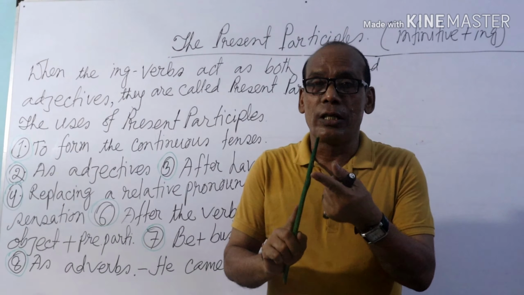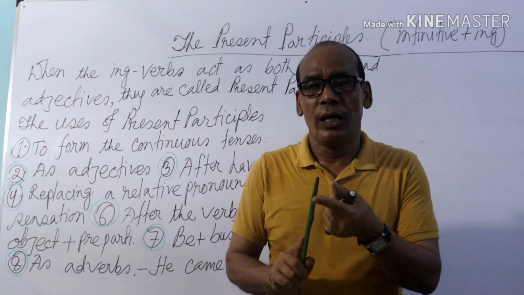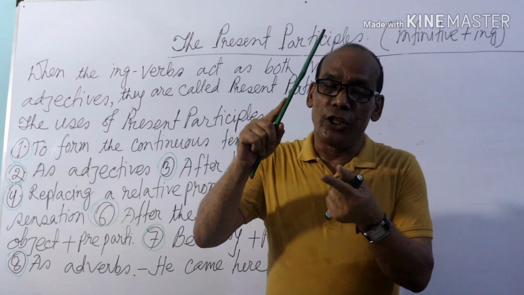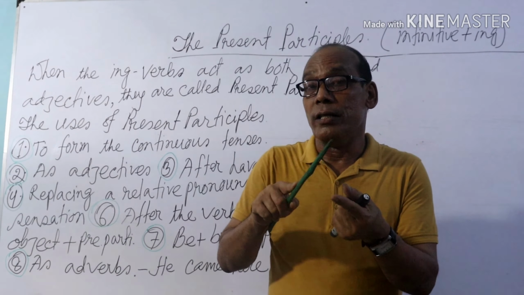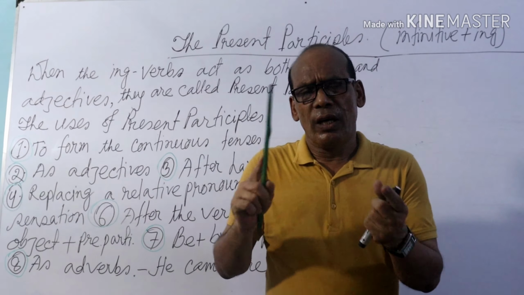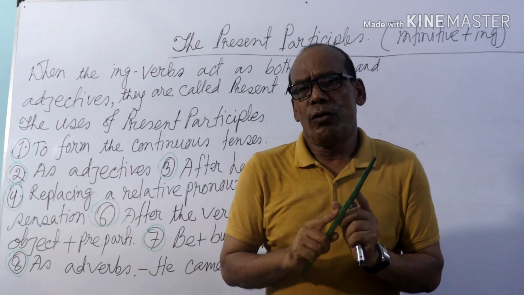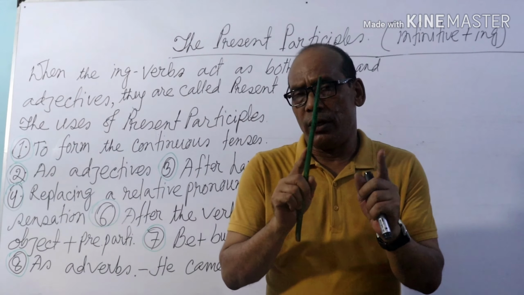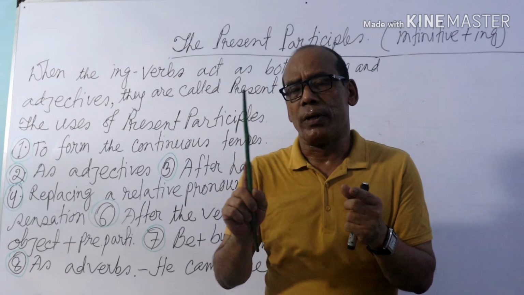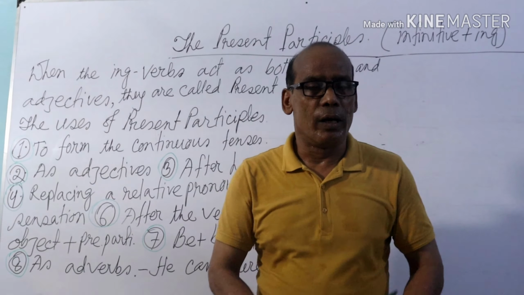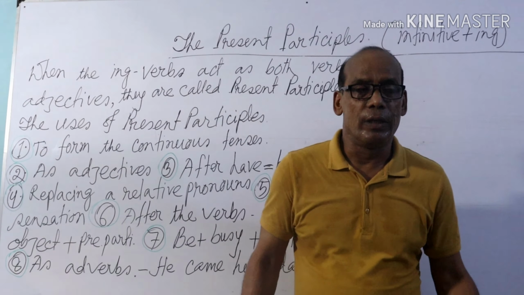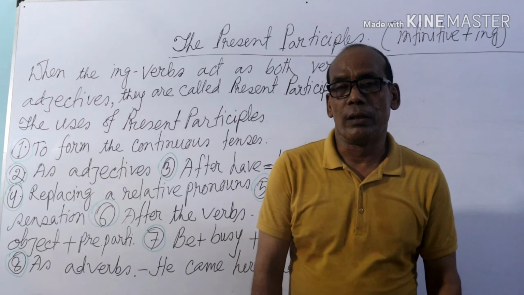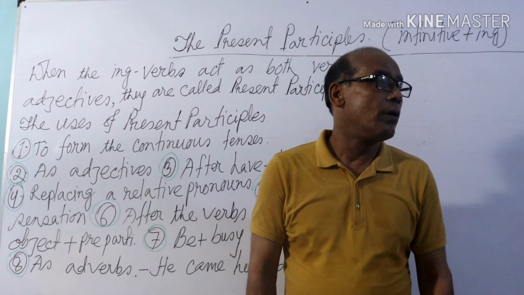And a disturbed lady means somebody has disturbed the lady. That means the lady is victim here. So everywhere we'll have to follow the difference between present participle and past participle.